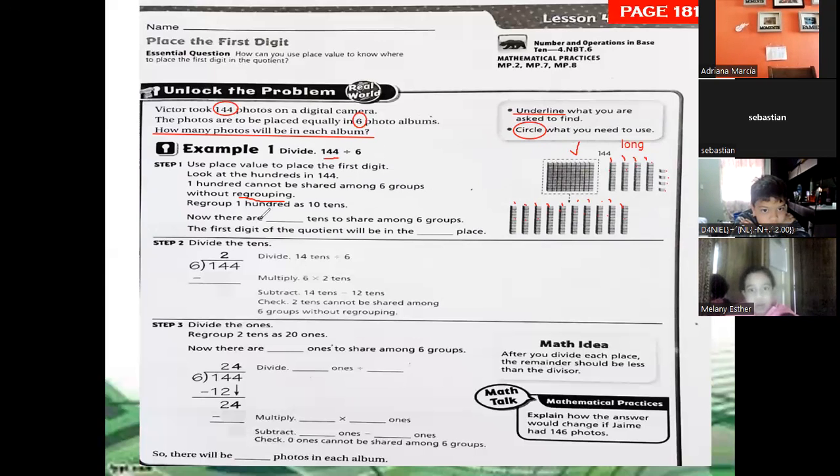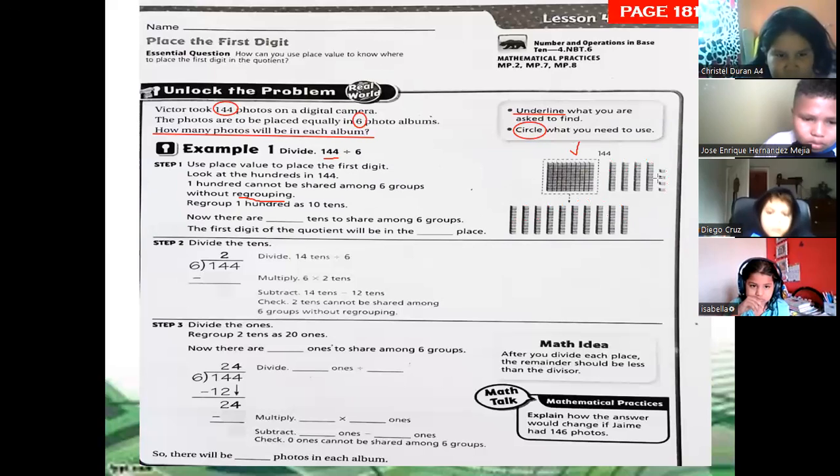Now, regroup 100 as 10 tens. Now, how many tens do I have in total? Which ones are the tens?